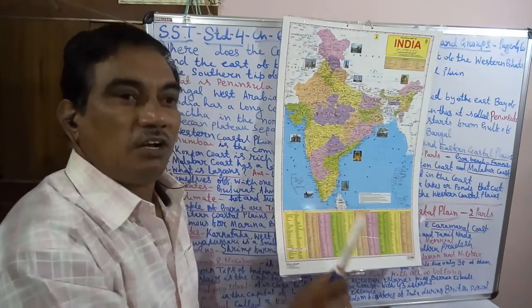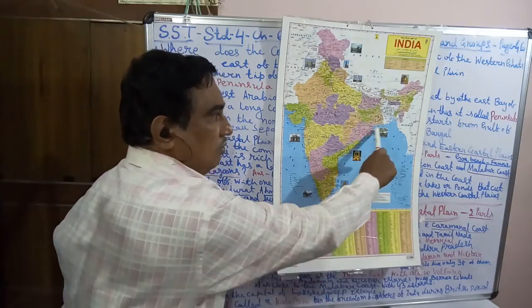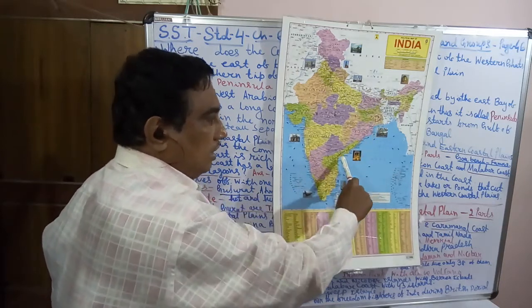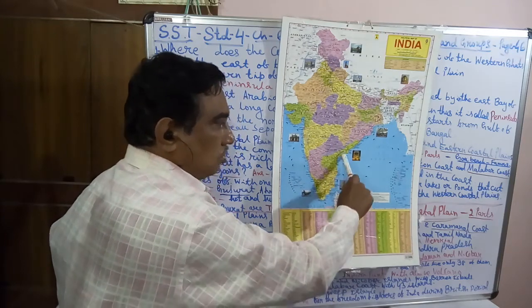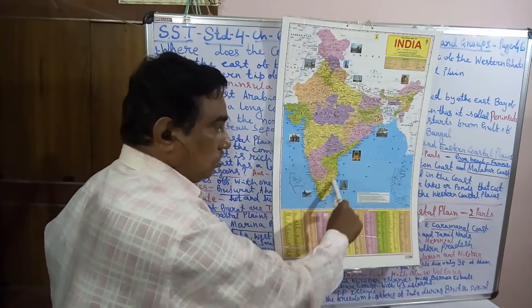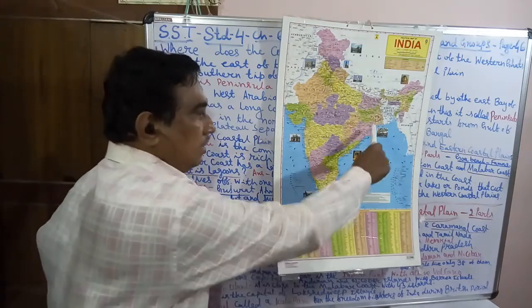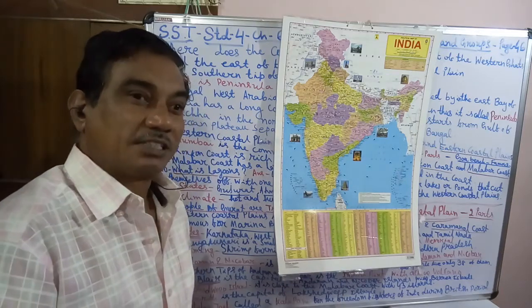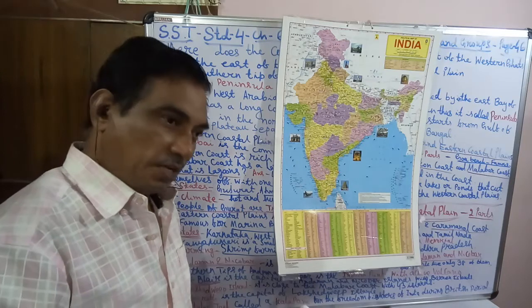Upper side is the Northern Circars, and this is the Coromandel coast. The Coromandel coast is the largest coast. Coromandel Express is their railway line.